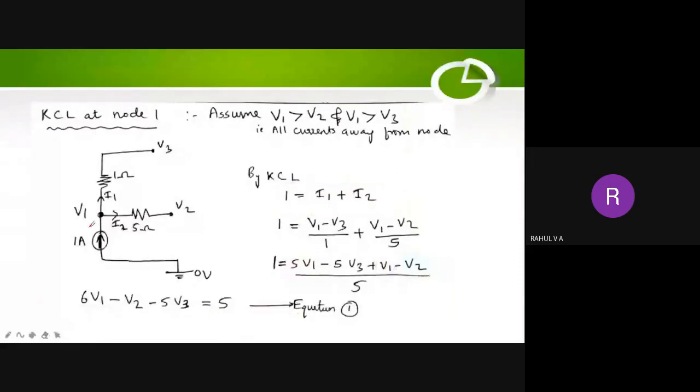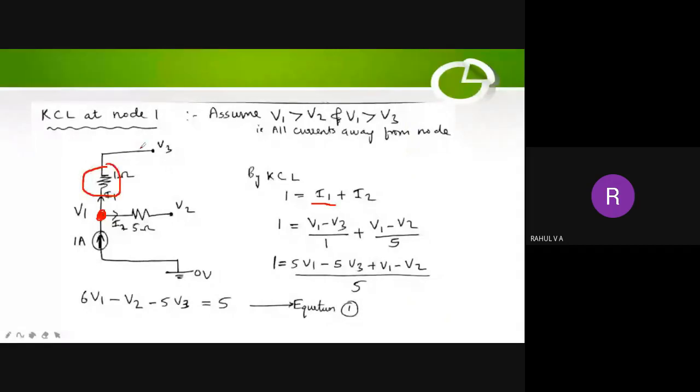So first I have taken this node. So 1 ampere current is flowing into the node and the other two currents are flowing away from the node. So 1 is equal to I1 plus I2. Now how to write the equation for I1? I1 is the current which is flowing through the 1 ohm resistor. So the potential difference across the 1 ohm resistor is V1 minus V3.